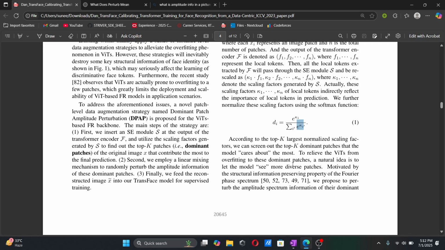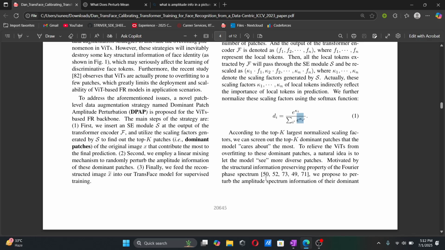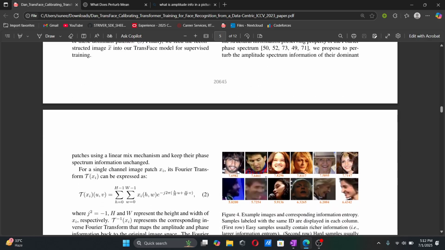Motivated by the structural importance preserving property of the Fourier phase spectrum. Okay, I don't know what that is. Arbitrary spectrum information of the domain matches using a linear mix mechanism and keep their phase spectrum information unchanged. Okay, I have to see what that is about.